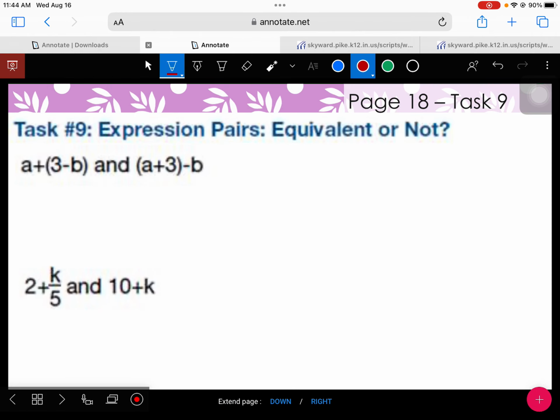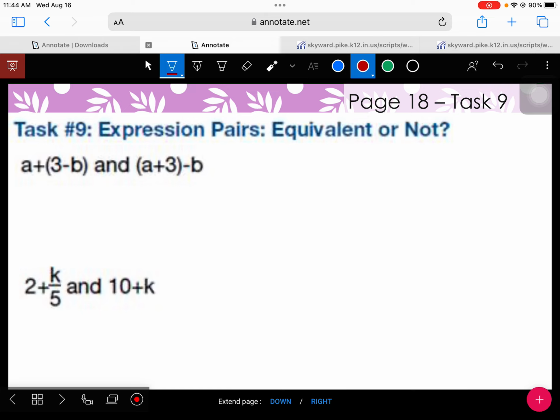The middle two, all right. So let's take a look at the first one.